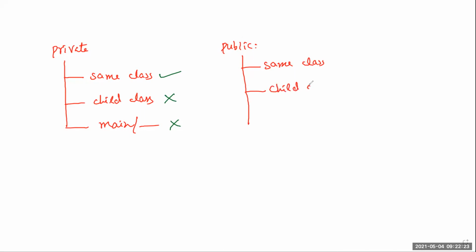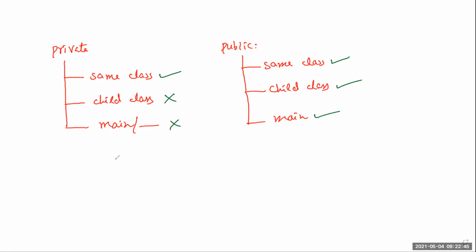Can we access it from the child class? And can we access it from the main? One by one, we see what is allowed and what is not. If something is public, we can access it from the same class, we can also access it from the child class, and we can also access it from the main. We just put the dot operator and public can be accessed.